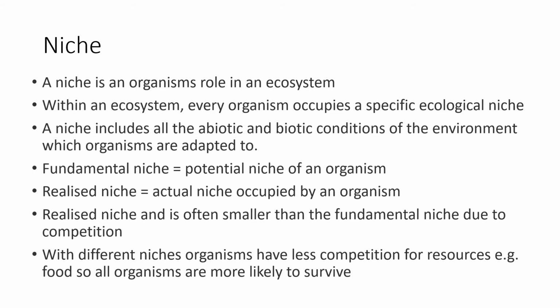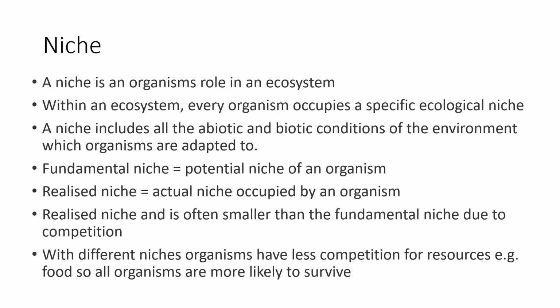A fundamental niche is the potential niche of the organism, everything that it could be connected to. The realized niche is what it's actually connected to. So for example, a fundamental niche may be different organisms that could be prey for a particular species, whereas the realized niche are the actual organisms and species that it's eating.